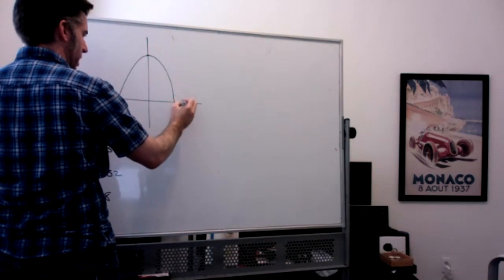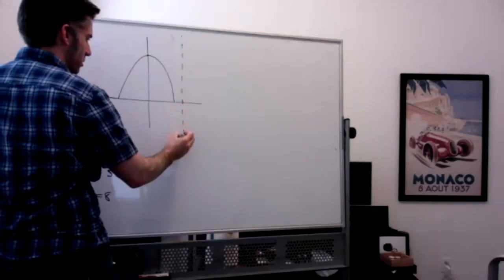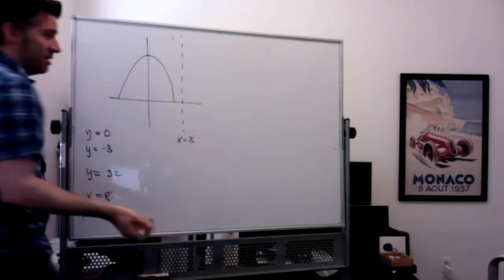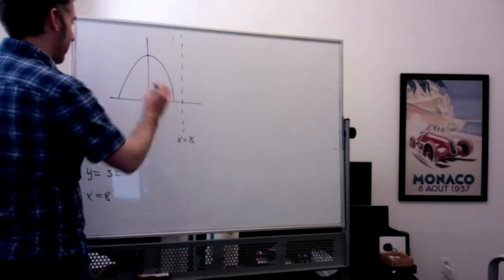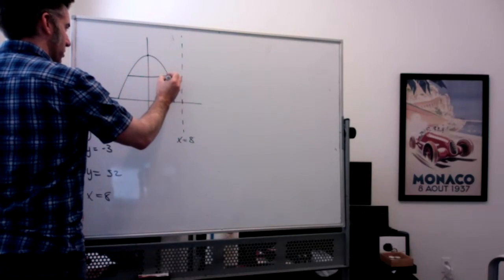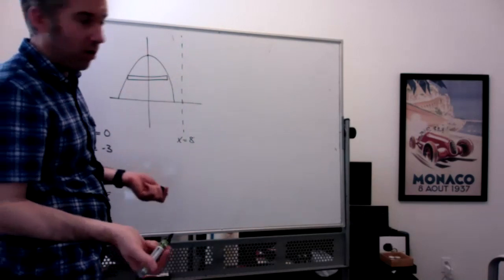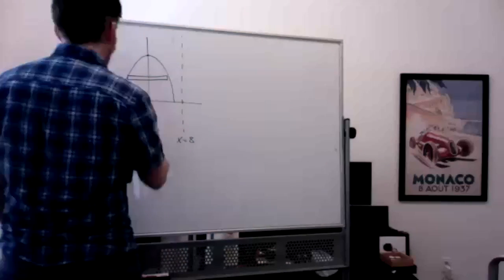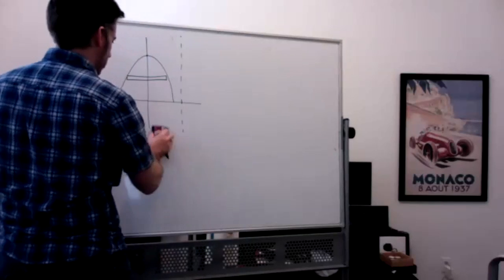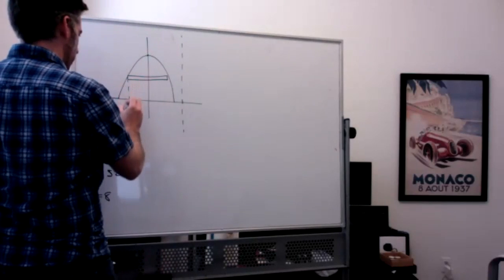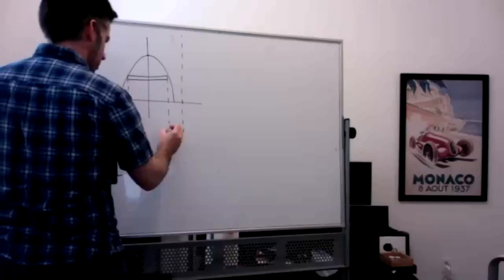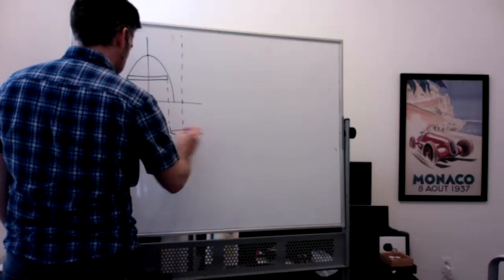So here's x equals 8. Now that we're going around the vertical axis, we have to have a horizontal strip. So when I revolve that strip around, I'm going to get a washer.